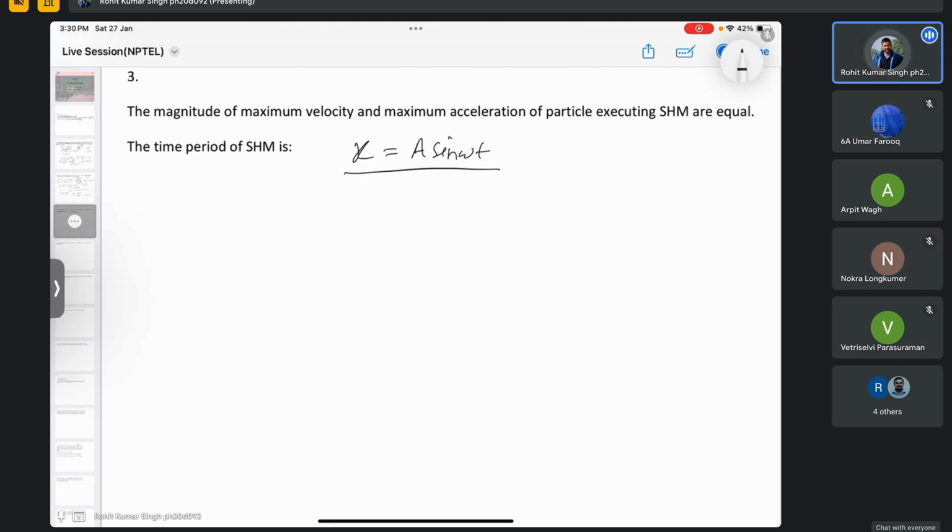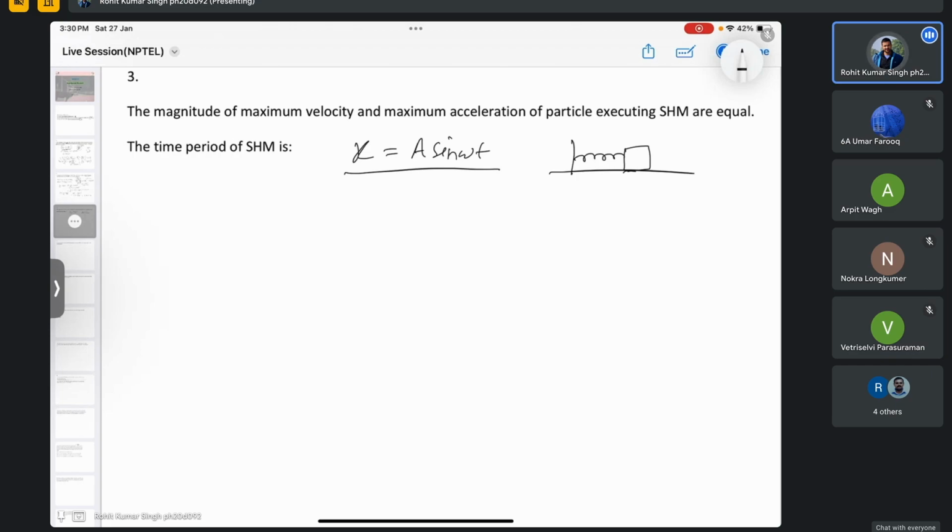So what does it mean? Suppose there is a spring, there is a box attached to the spring, and let's assume there is no friction.